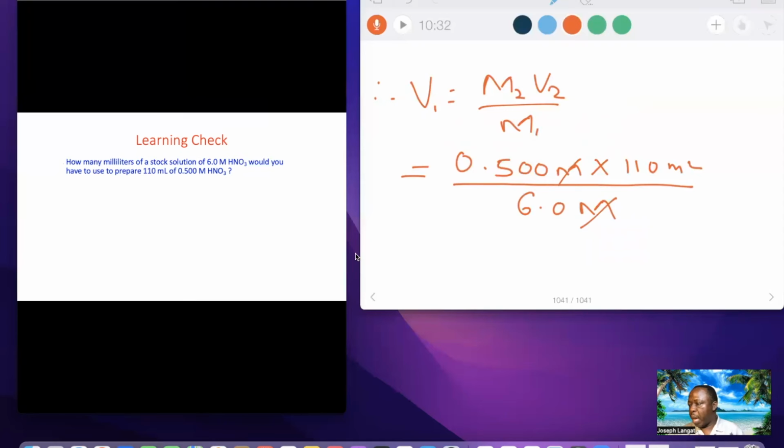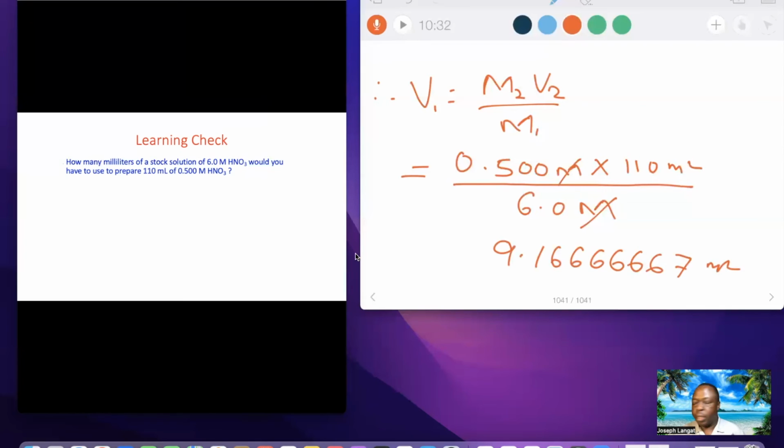So if I plug into my calculator, 0.5 times 110, divided by 6, I see it's 9.1666667 ml.